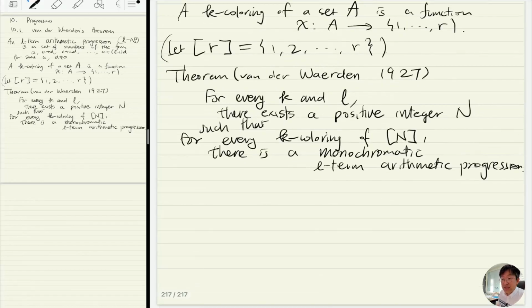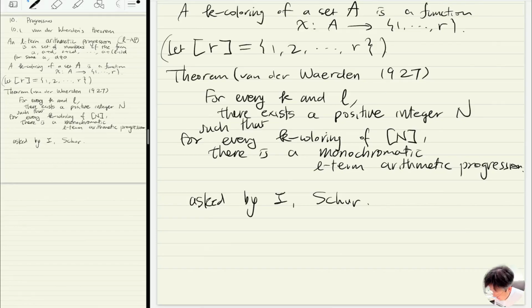Okay, and this was initially asked by Schur, and then van der Waerden heard from a student of Schur, whose name is Bode. So when van der Waerden wrote a paper, the title of the paper was a problem of Bode, but actually the problem was originated from Schur.